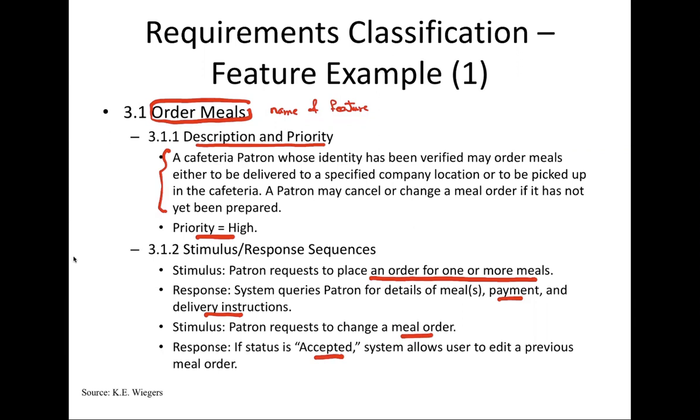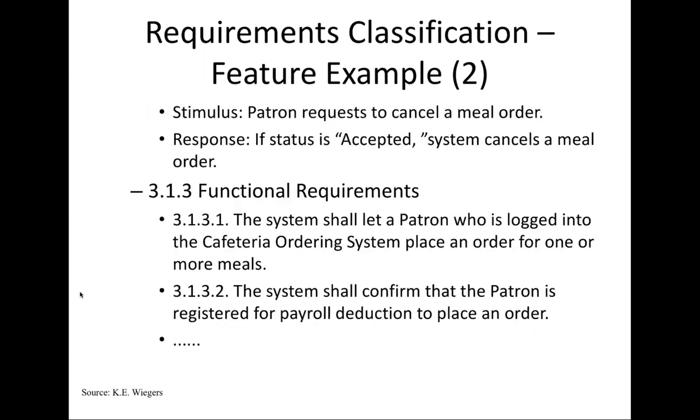The system allows the user to edit a previous meal order. And you keep adding the stimuli and the responses. Another stimulus that we might see underneath this feature: the patron requests to cancel a meal order, and then the response, if the status is accepted, of course, the system will cancel this meal order.